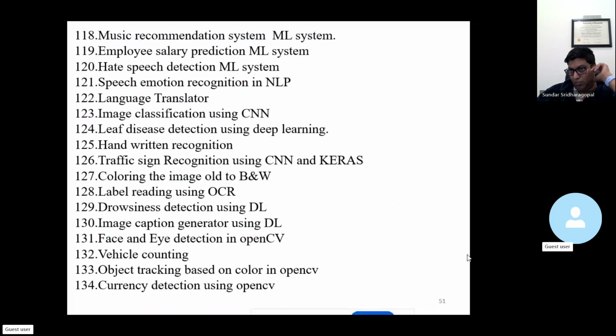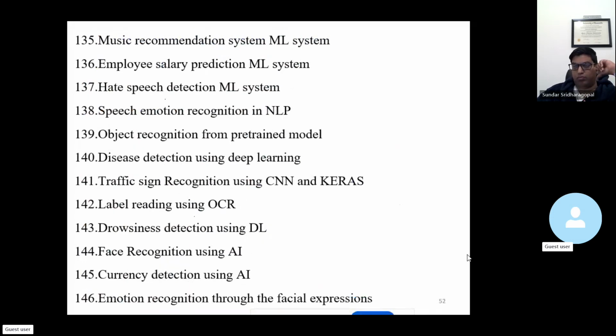detection using OpenCV, object recognition from a pre-trained model, disease detection using deep learning, traffic sign recognition using CNN and Keras, label reading using optical character recognition, drowsiness detection using deep learning technique, face recognition using AI technique, currency detection using AI technique, and emotion recognition through the facial expression.